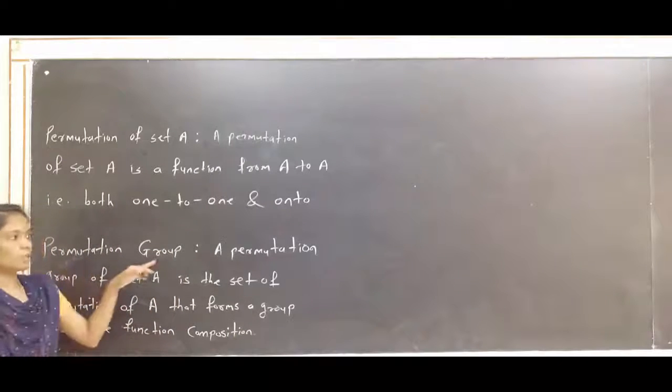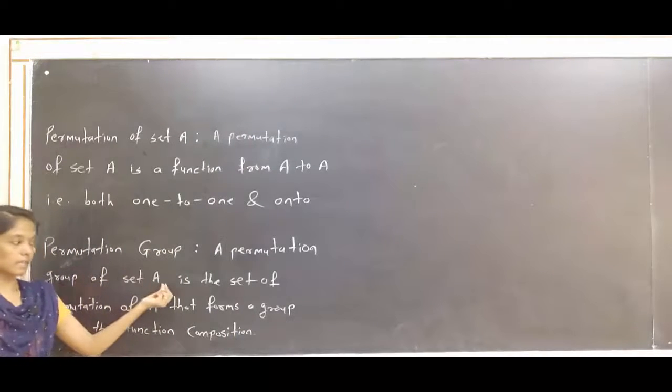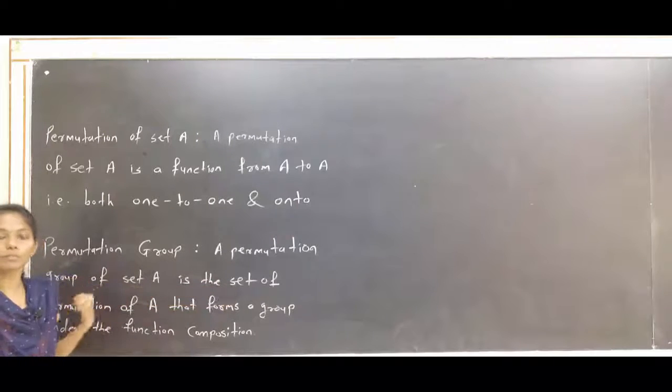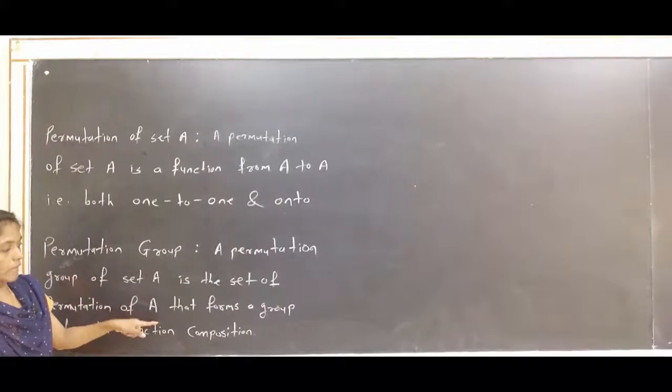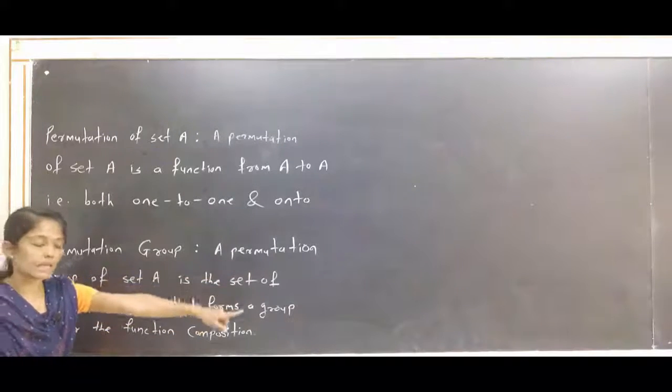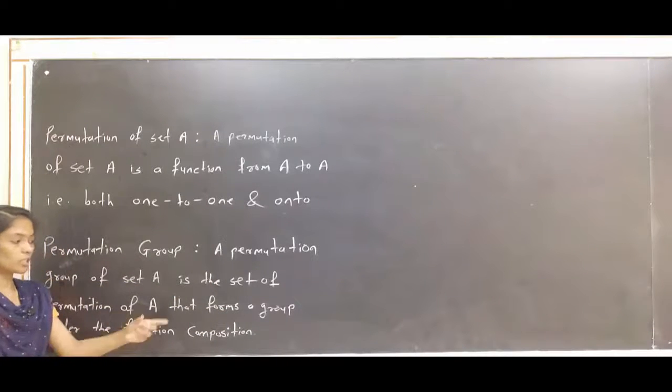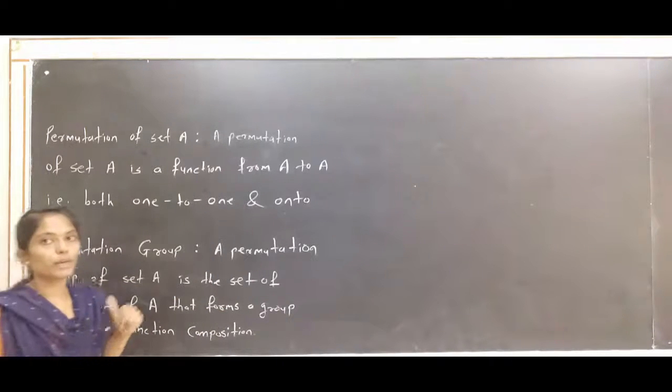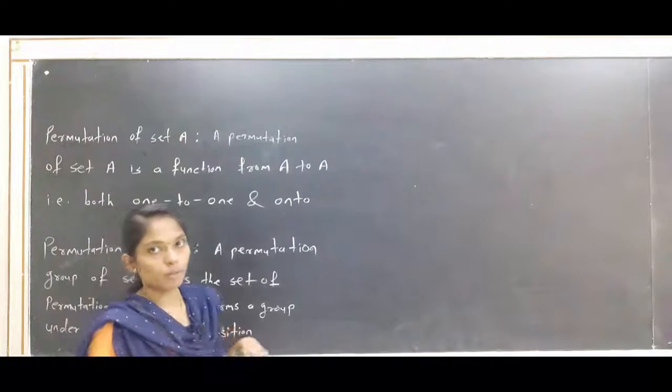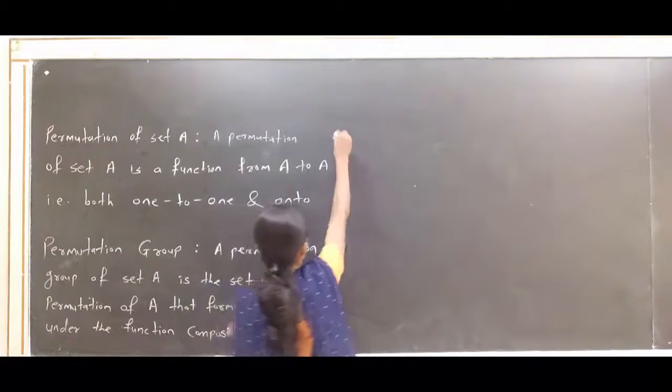Okay, so permutation group of set A is the set of permutations of A that forms a group under the function composition here. Okay, so this is the definition of permutation group. Now we take the example.